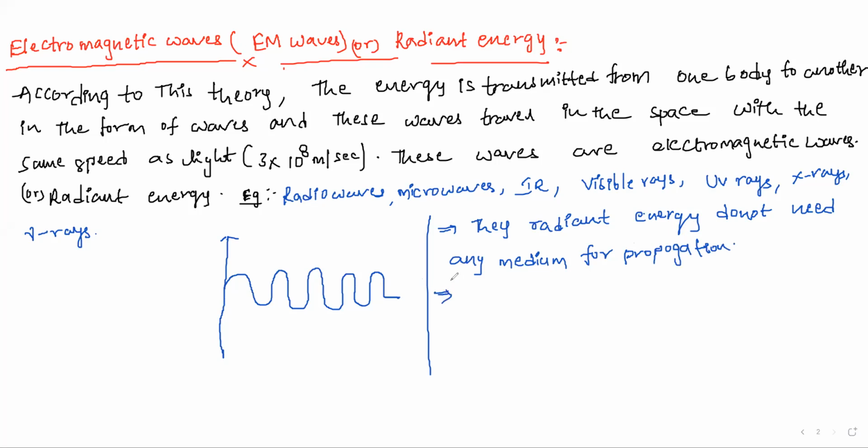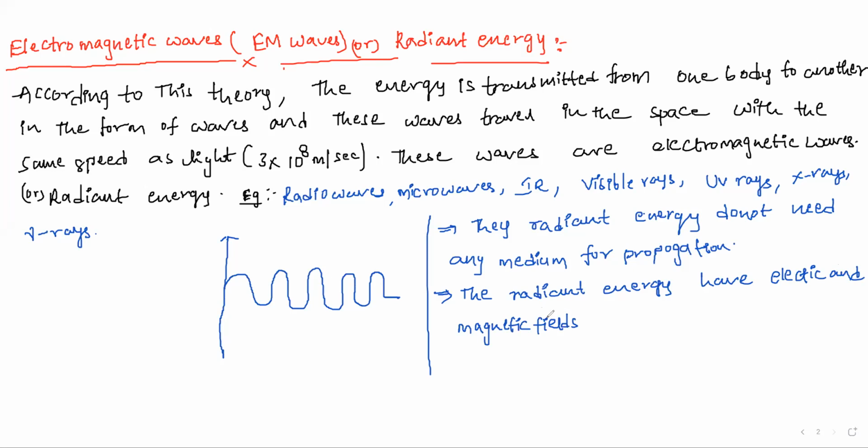The radiant energy have electric and magnetic fields, and they travel at right angles to each other.